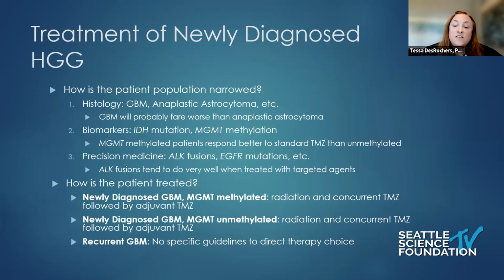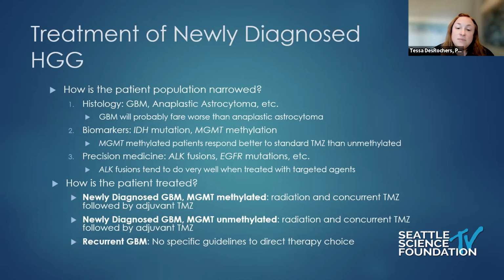So I'm going to talk specifically about newly diagnosed HGG and a little bit about recurrent GBM. When we're narrowing the patient population within high-grade gliomas, you're looking at histology, GBM, anaplastic astrocytoma, et cetera, who will fare better, who will fare worse. You're looking at IDH mutational status.